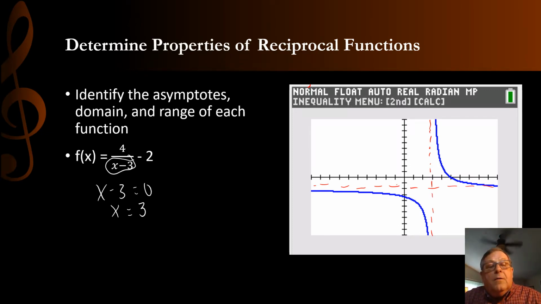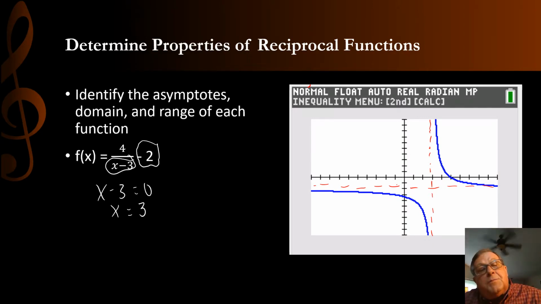This is because we have a transformation here, created by this minus 2 in this function, 4 divided by x minus 3, and then minus 2. That gives us a translation, in this case a vertical translation down 2, a vertical shift of down 2.